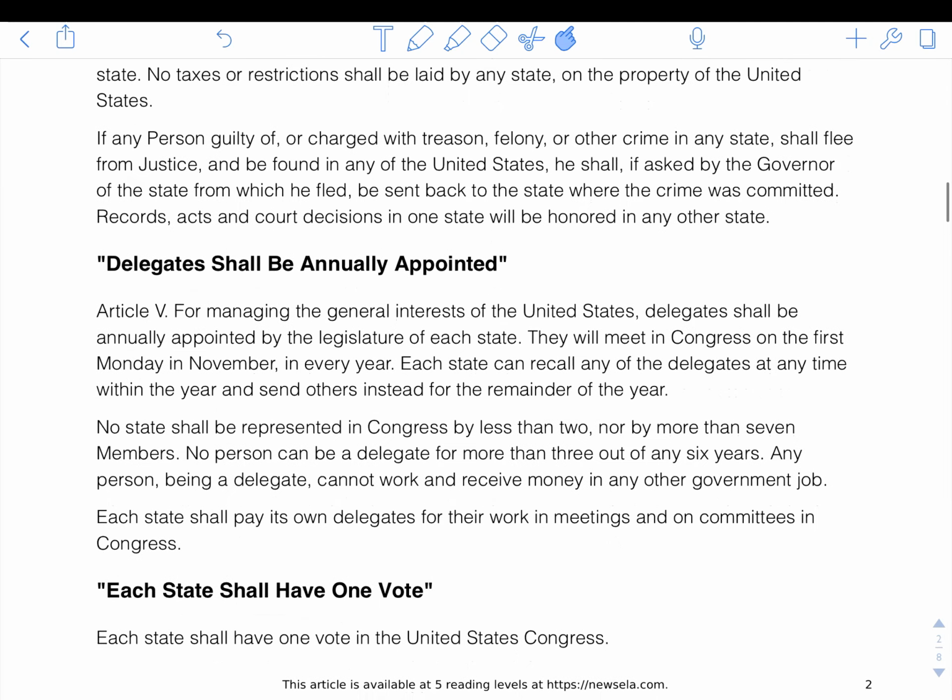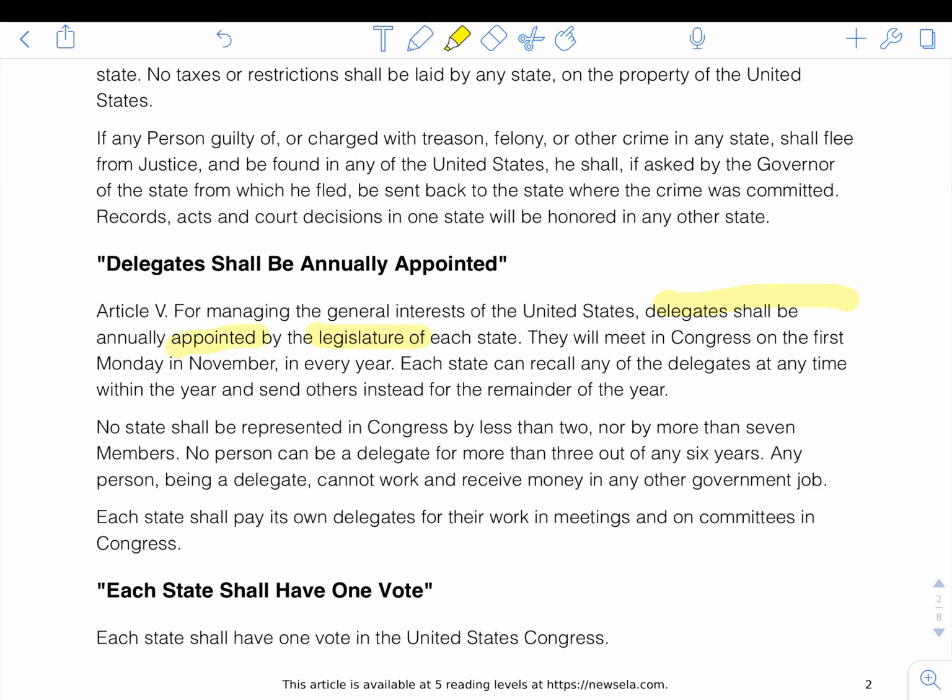Article 5, for managing the general interest of the United States, delegates shall be annually appointed by the legislature of each state. So the legislature is their governmental body on the state level, and delegates to this confederation will be appointed by each state. So again, that's just something we need to know.